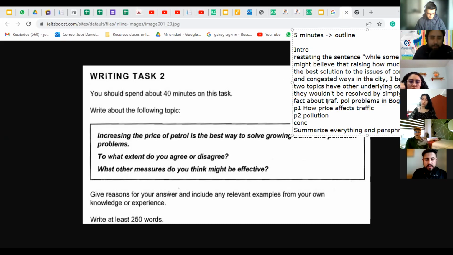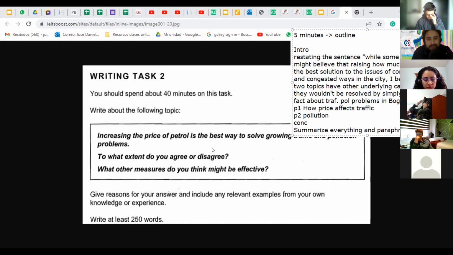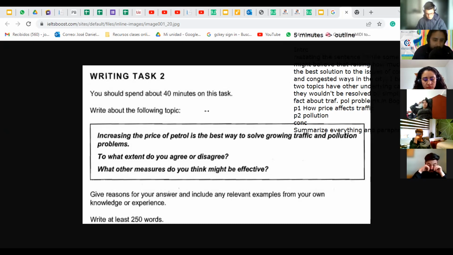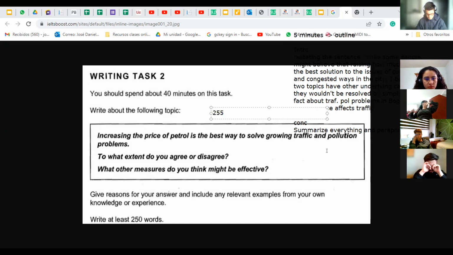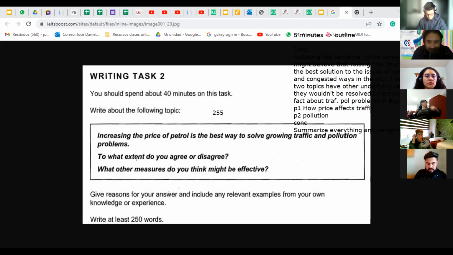Something that's very important about IELTS in general in the writing sections. You should avoid just copying what this says word by word. If you do, let's say that you write 255 words, but the first 10 are just this text copied word by word.